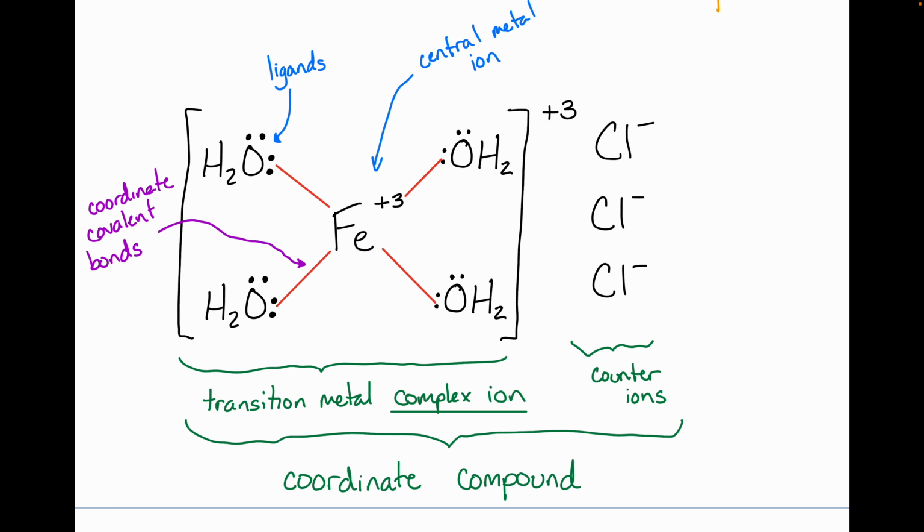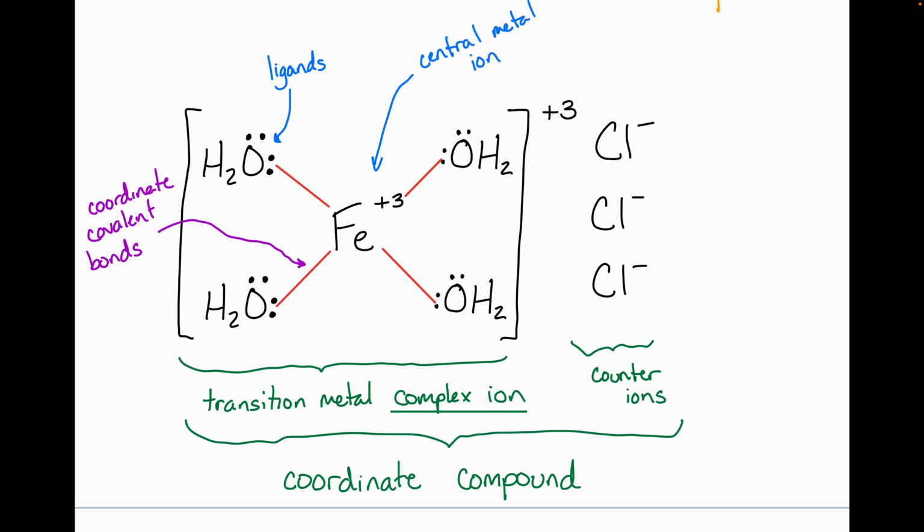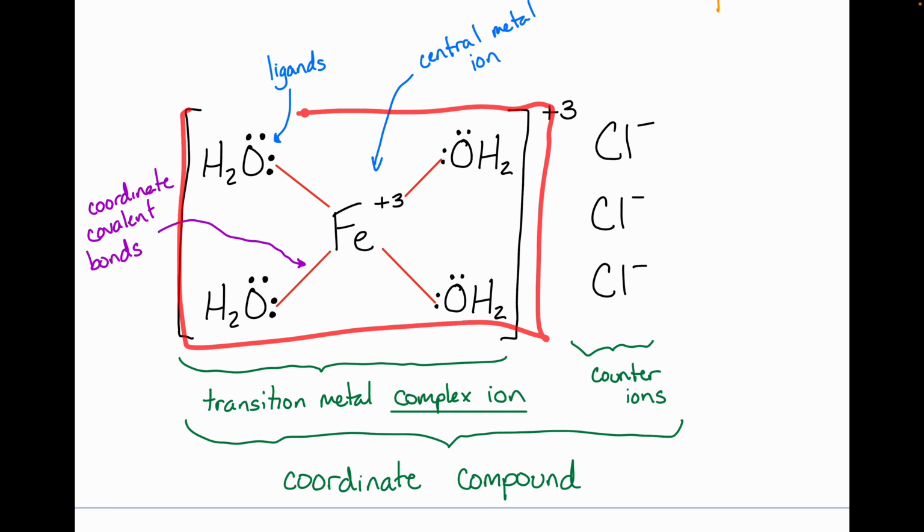All right, our main focus really is going to be on this bit right here, right? These transition metal complexes. This is what we're going to sort of discuss ad nauseum this week.